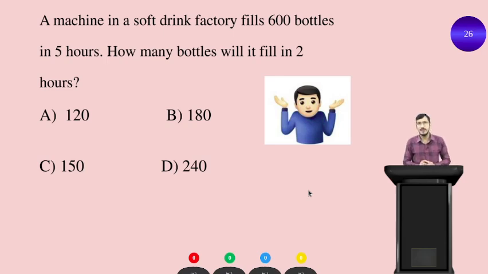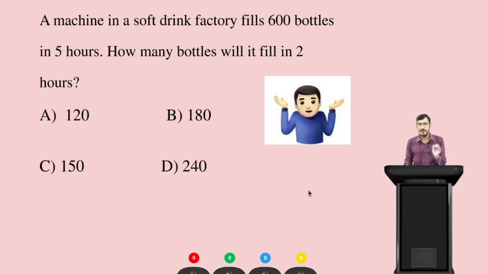Which option is correct here? Option A 120, option B 180, option C 150, and option D 240.